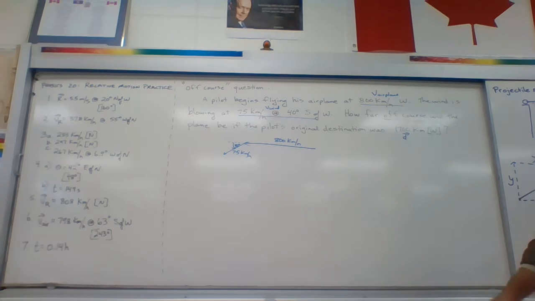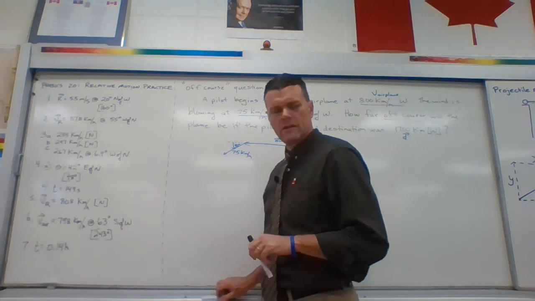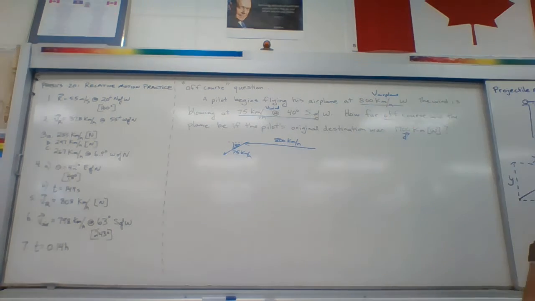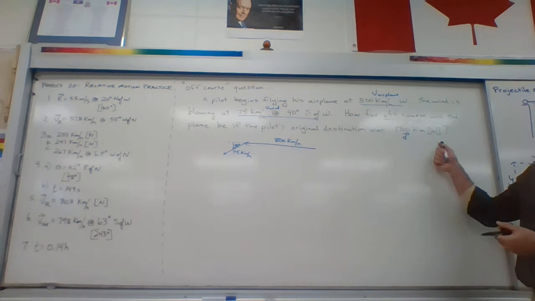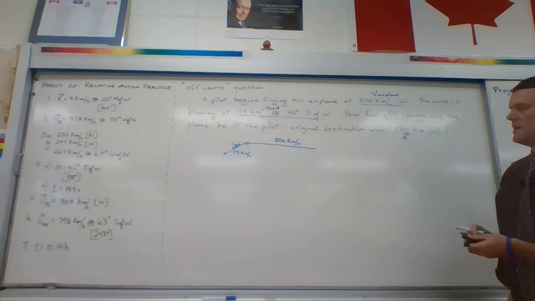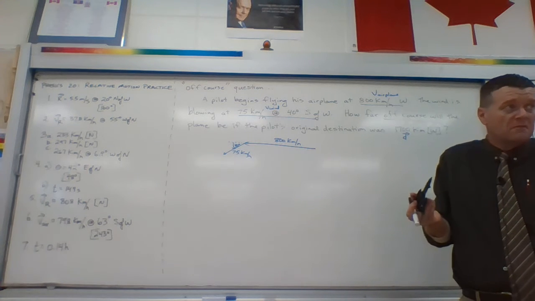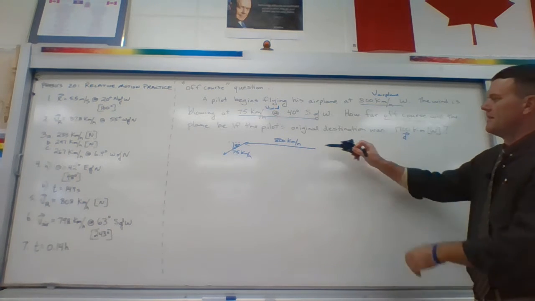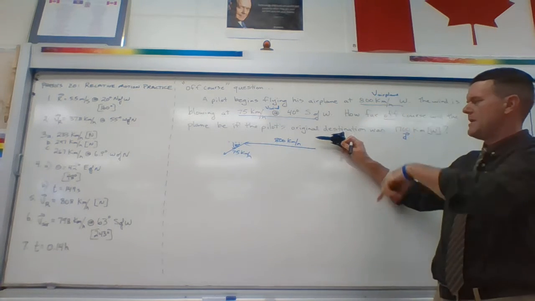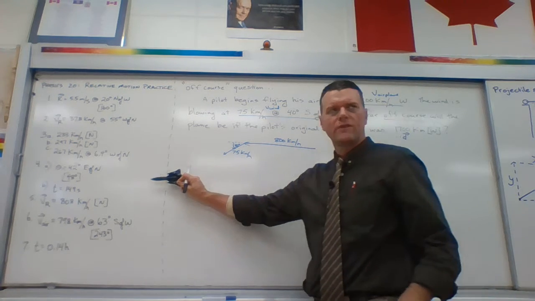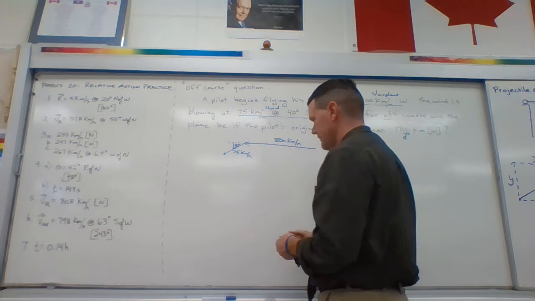It looks like the pilot's original destination was 1,700 kilometers west. So that makes sense why he was trying to fly west, okay? He was trying to do this, but the wind is blowing a bit down, so he's not going to fly straight west unless he corrects himself.